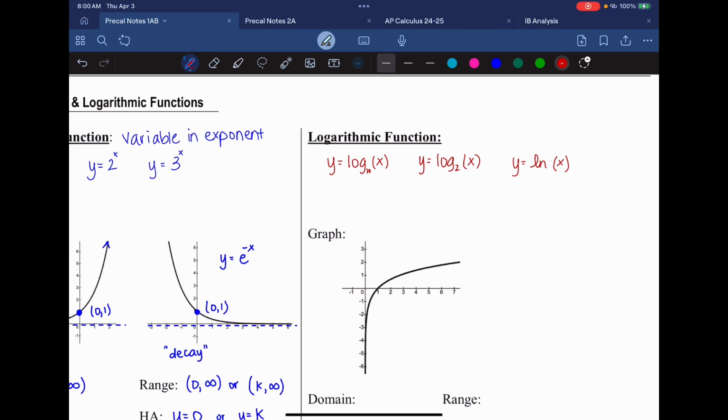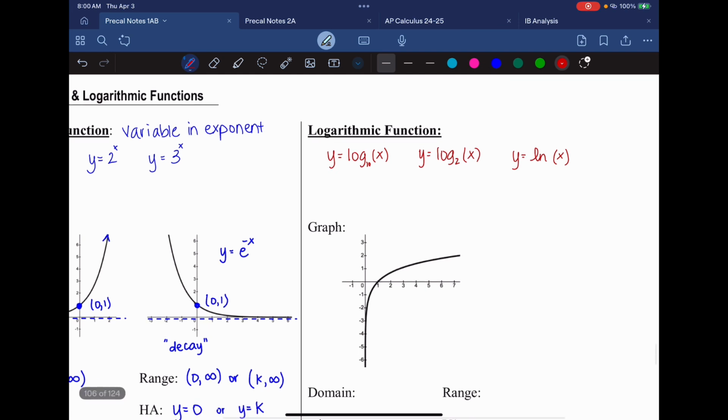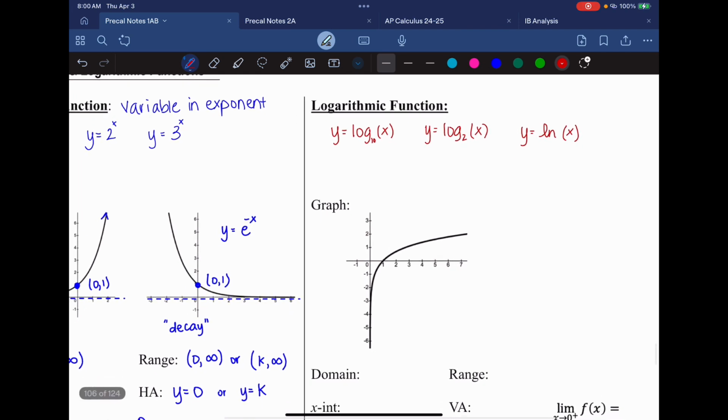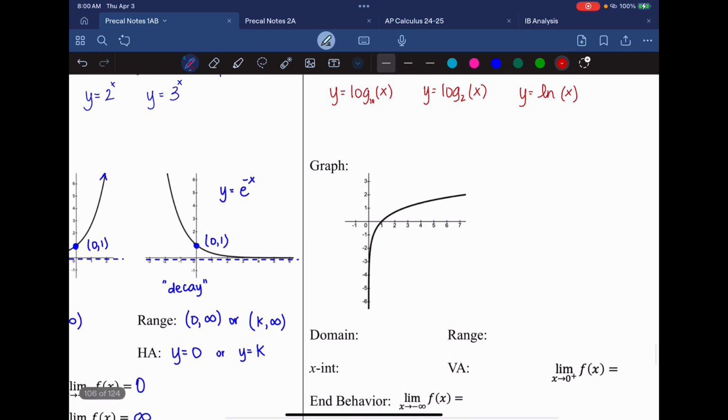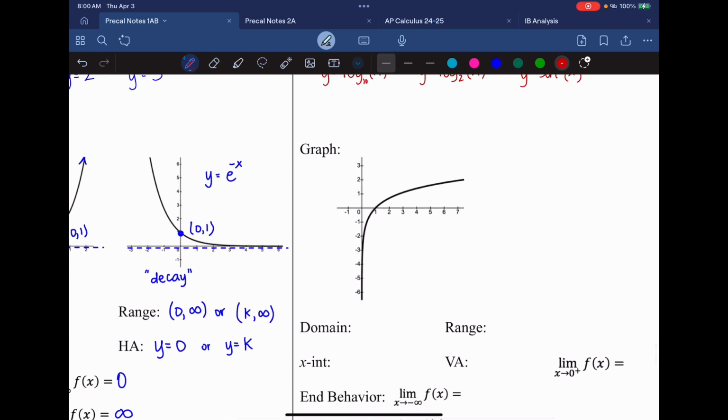And very similar to the exponential function, the graphs of these are going to vary by how quickly they increase, and that's determined by what your base is. The rest of the characteristics are going to be the same. So our graph of our log function looks like this.